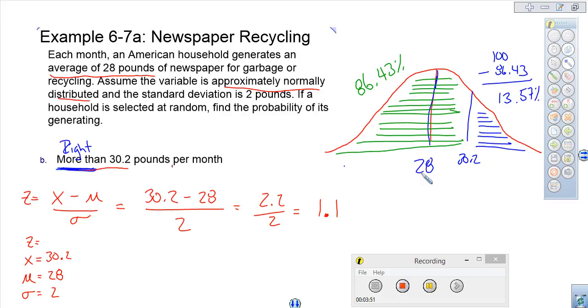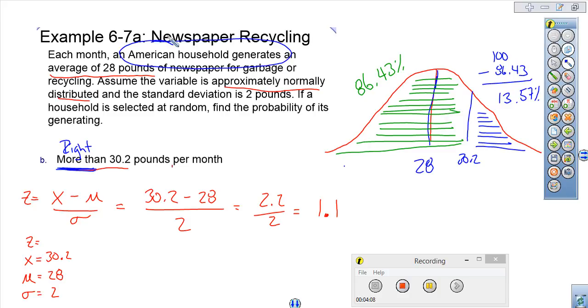So we know that the percentage of the recycling that is greater than 30.2 pounds per month is 13.57% of the American households.